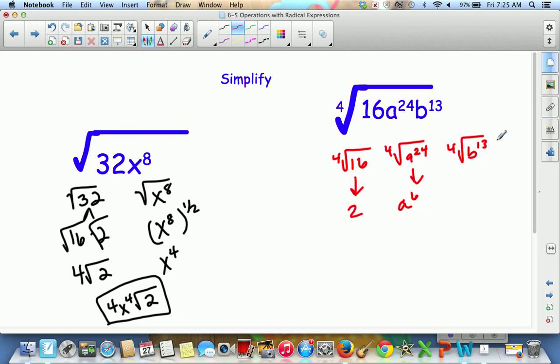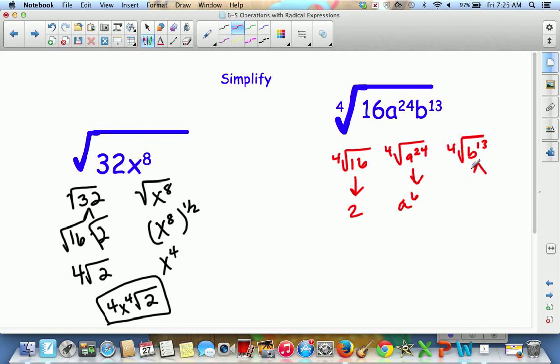Now the 4th root of b to the 13th, that gets a little tricky. So what we want to do is find a power that 4 goes into, so it's the 4th root and it comes out nicely. I guess you could say a perfect 4th, instead of a perfect square like we said over here.